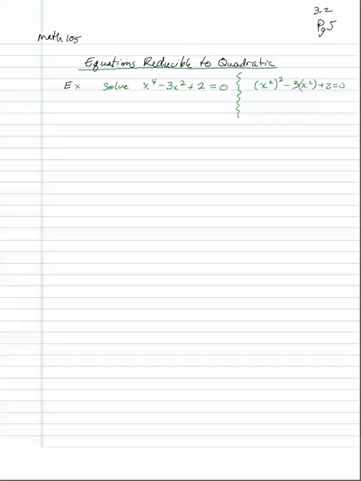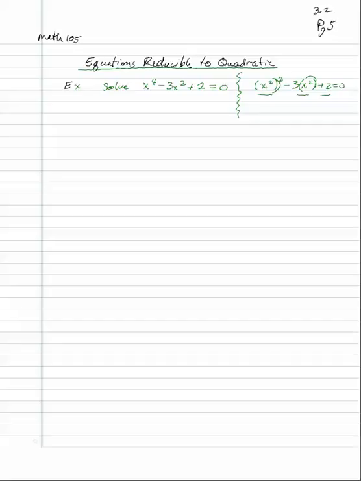So if I notice I have 3 terms, and I have something squared minus 3 times that same thing, plus a constant, this has the same behavior as the x squared, even though it's a 4th.